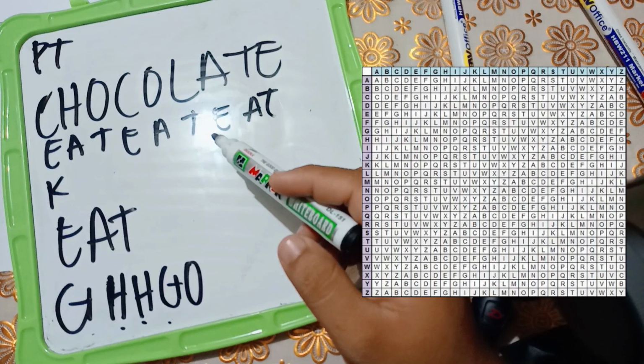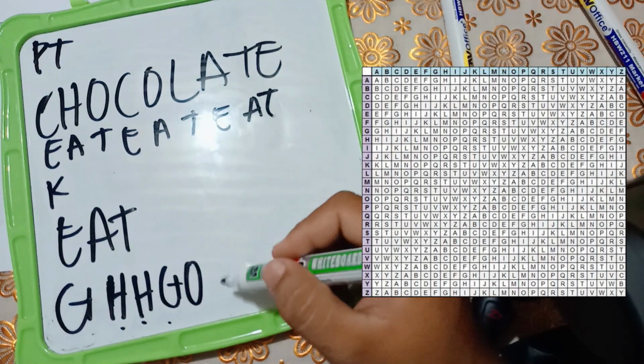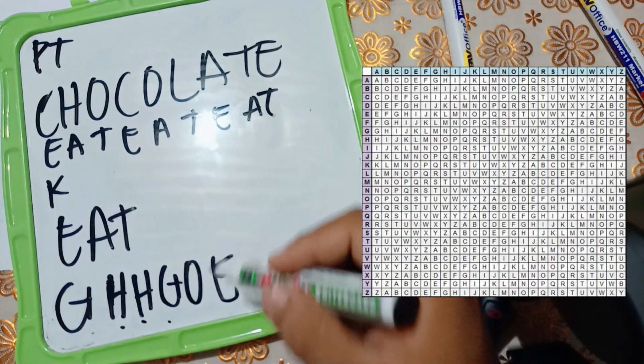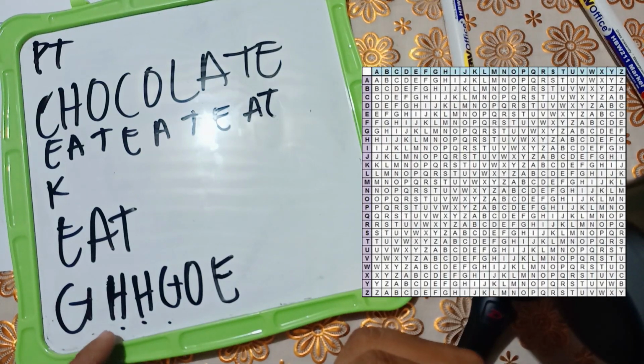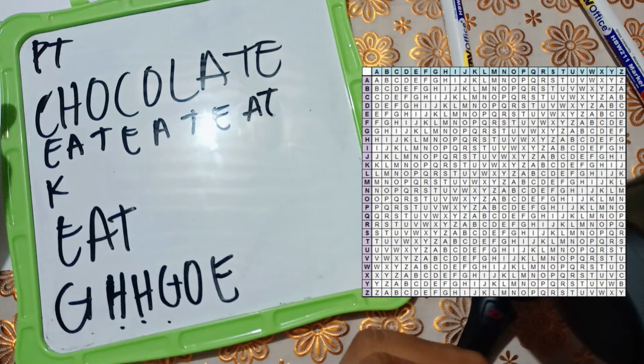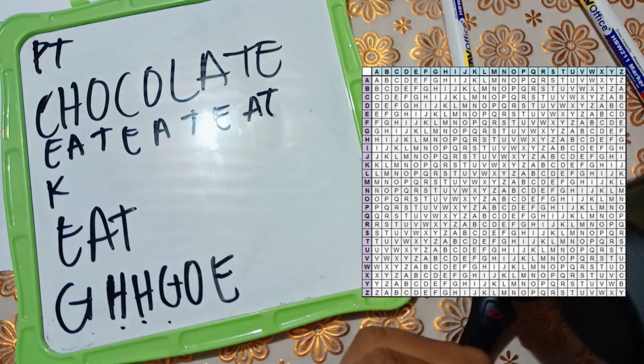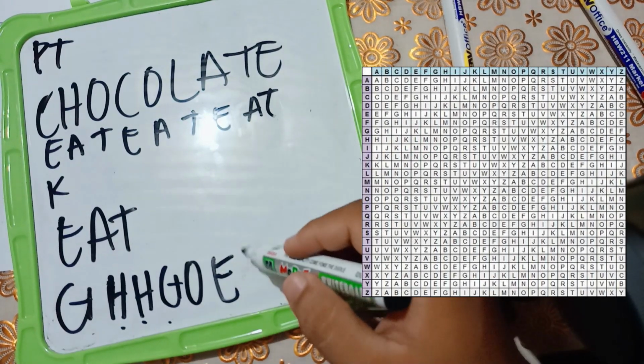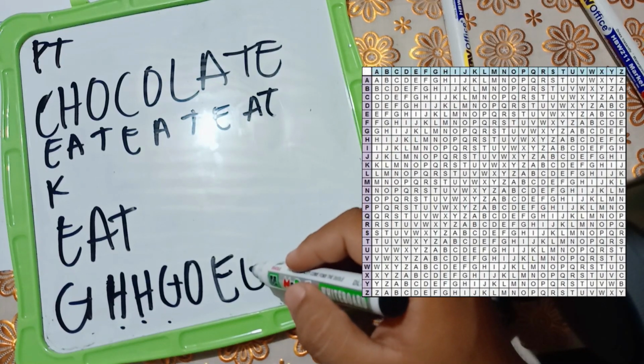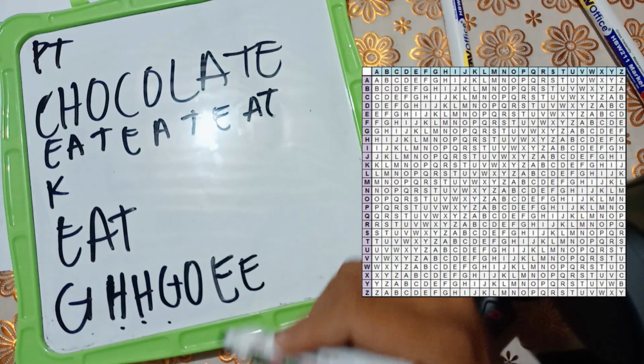Yeah, we have E. So we have C H H C O E. Now A. A and T, so just T. Is that right? Yeah, that's right.